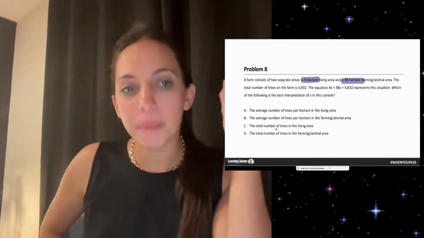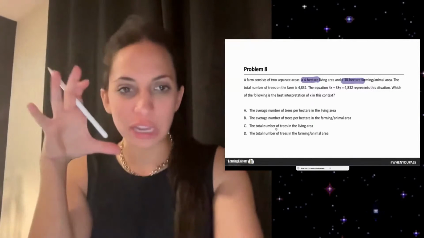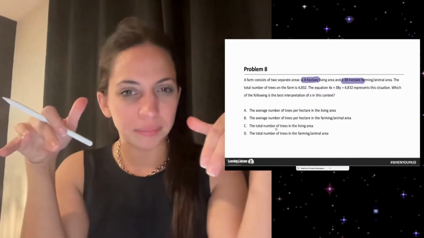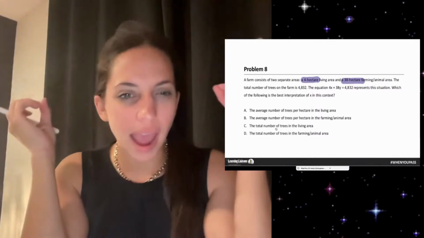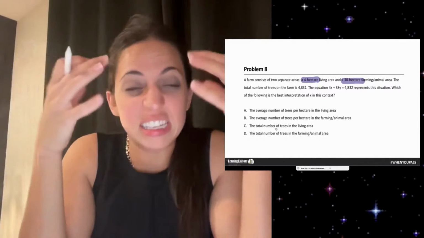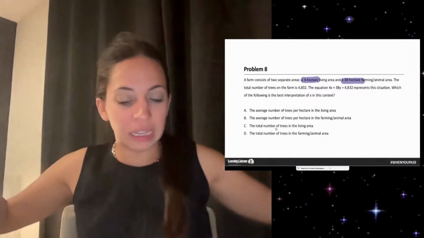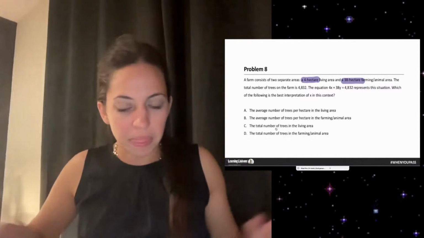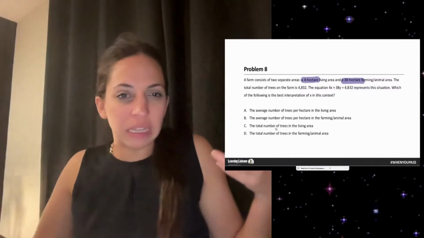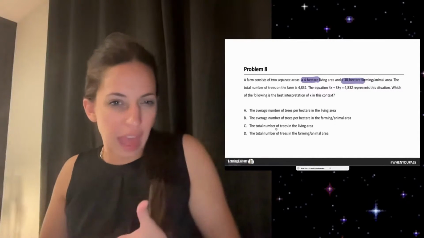They do that on purpose because they want to see how you're going to read the math problem and apply it. A 4-hectare living area, it really doesn't matter that you don't know what a hectare is. It's some measurement of land for this farm. And the 38-hectare is some measurement of land for that area.